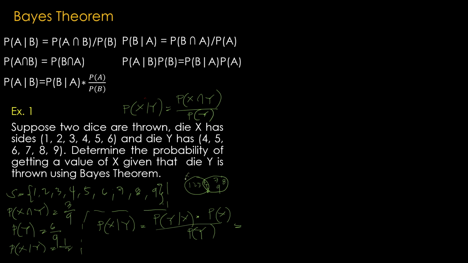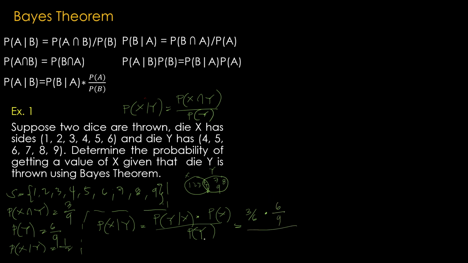If this is x and this is y, that would be 3 over 6 multiplied by the probability of x. Okay, ilan yung points mo sa x? That would be 6 and the total is 9.